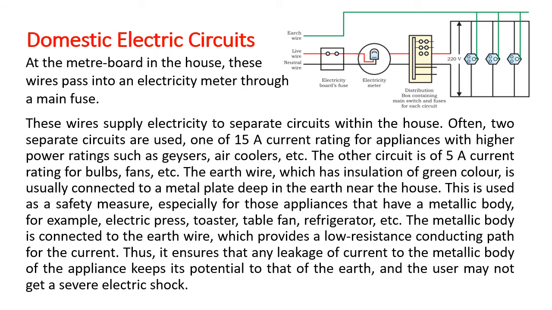The same thing, the meter board in the house, like I told you. Now there are certain appliances in the house, like the washing machine, AC and refrigerator, which draw a lot of current. There are geysers, air coolers, ACs and heaters. These all draw a lot of current.